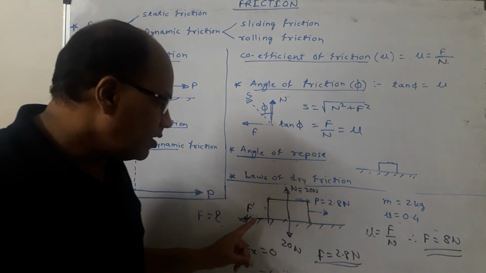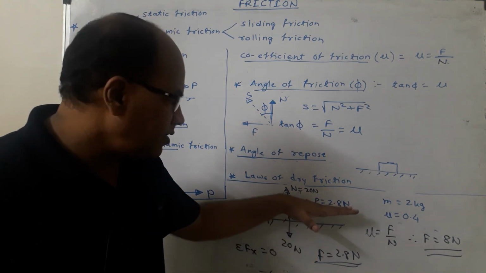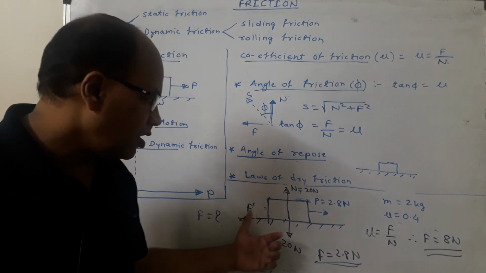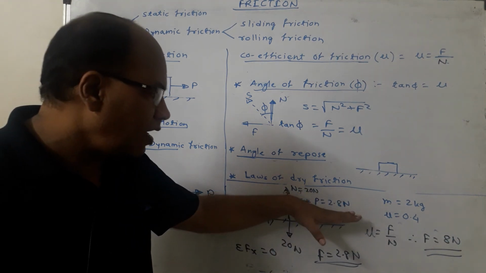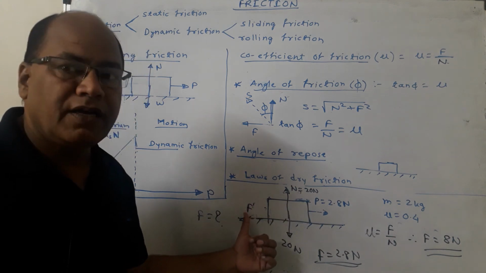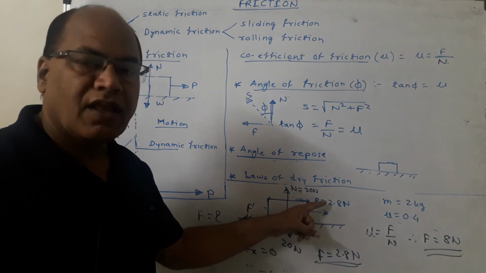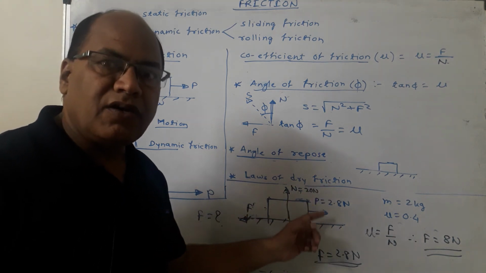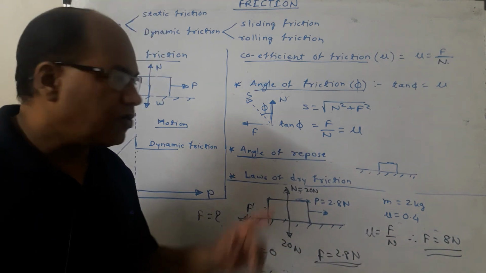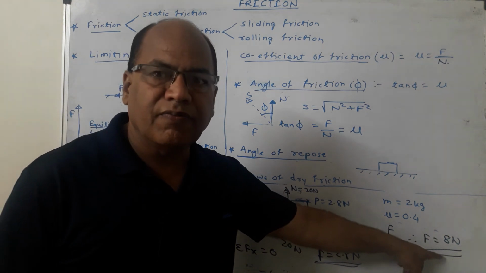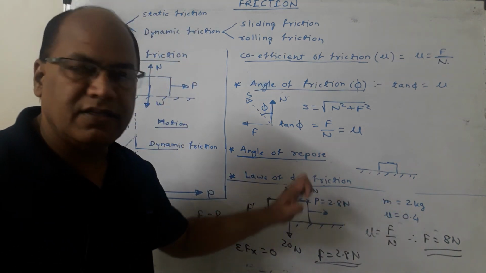Frictional force increases with the applied force. So if P is equal to 2 Newton, F is 2 Newton. If P becomes 4 Newton, F will become 4 Newton. If P becomes 8 Newton, F will also become 8 Newton. But if P increases beyond 8 Newton, F cannot increase beyond 8 Newton, because that is the maximum value of frictional force in this case.